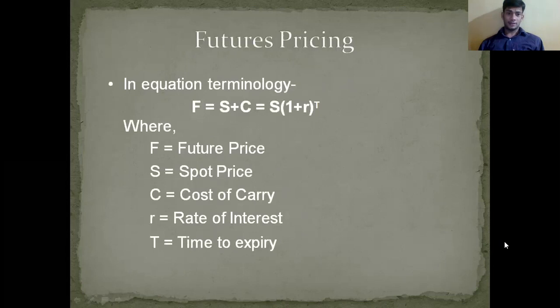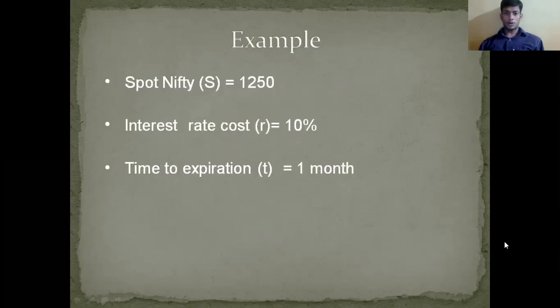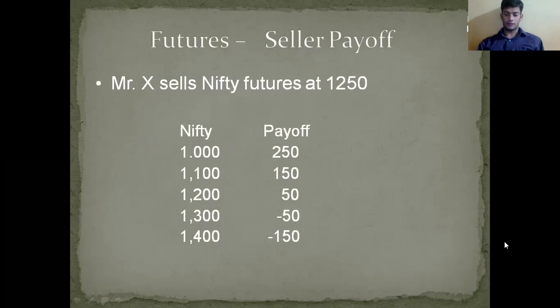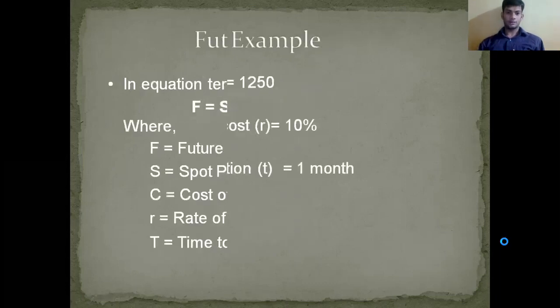Future pricing. In equation terminology, future pricing is F equal to S plus C, equal to S into (1 plus R) raised to T, where F is the future price, S is the spot price, C is the cost of carry, R is the rate of interest, and T is the time to expiry. For example, spot Nifty is 1250, as we have taken here. Okay, I'm taking a calculation from this.